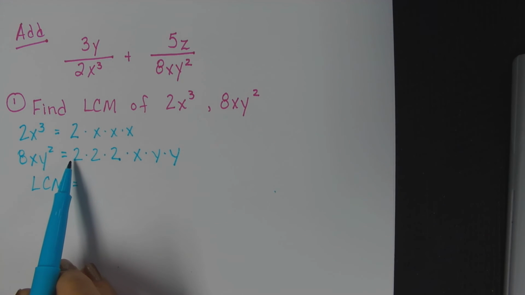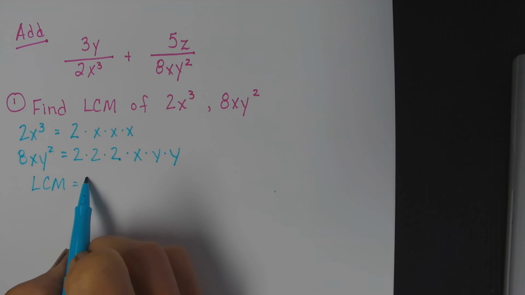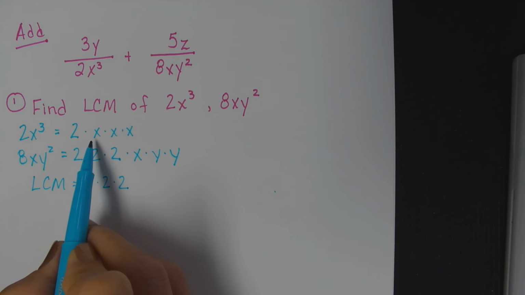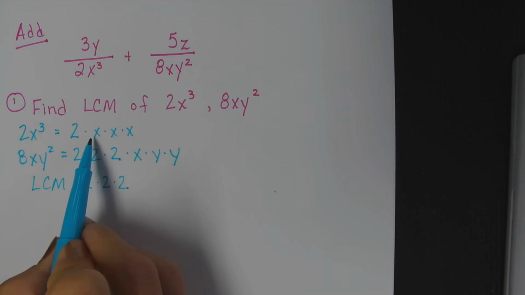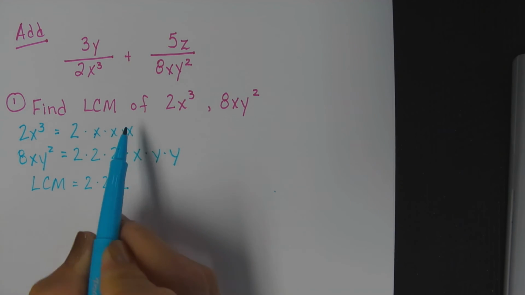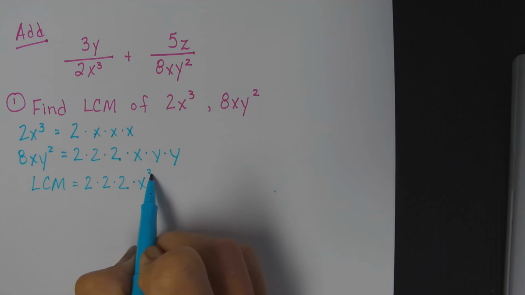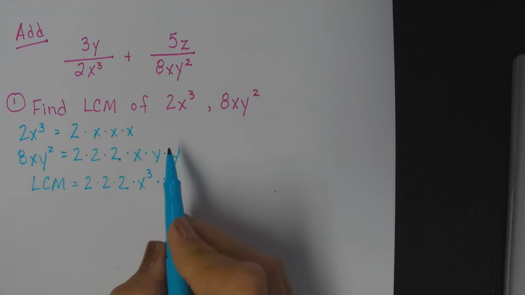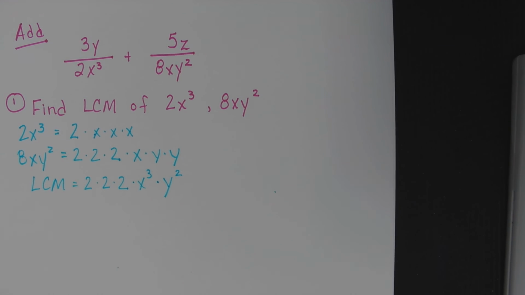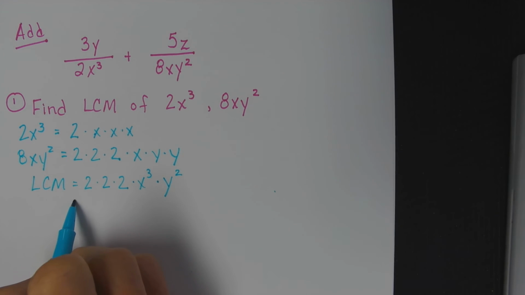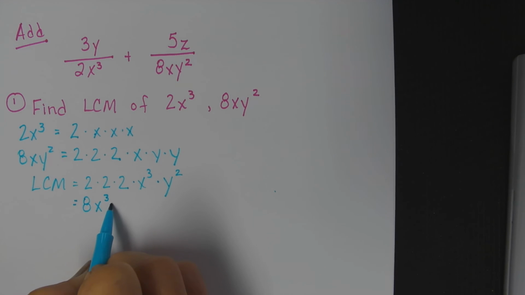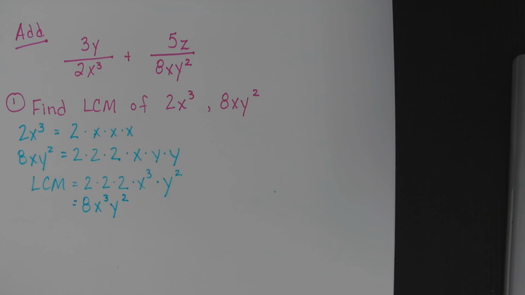How many times did we write it the most? 3. So you have 2 times 2 times 2. What's the most x's you see? 3. 1, 2, 3. So you have x to the third. And the most y's we see is 2. So your least common multiple is 8x to the third y squared.